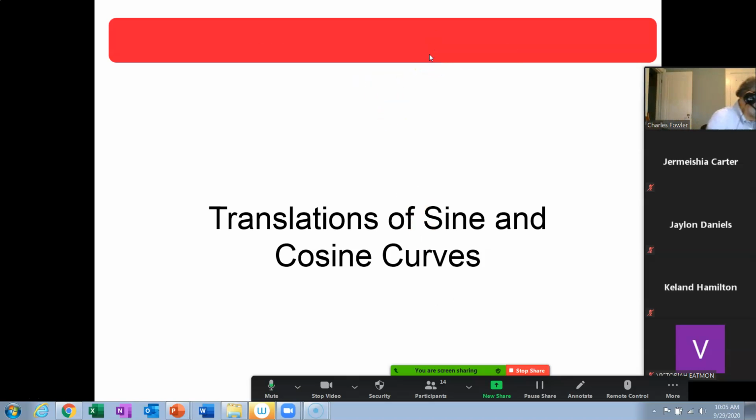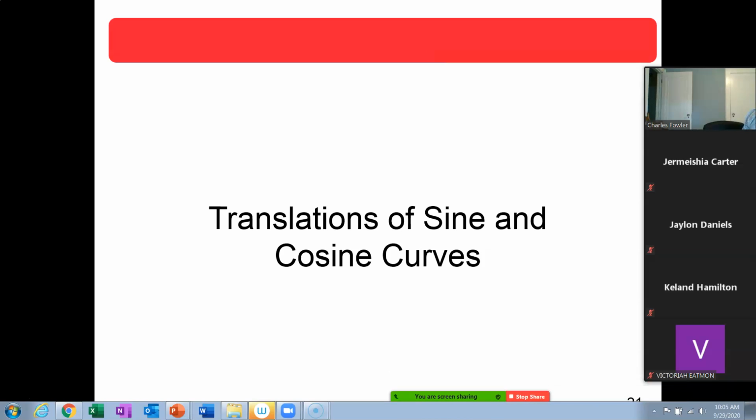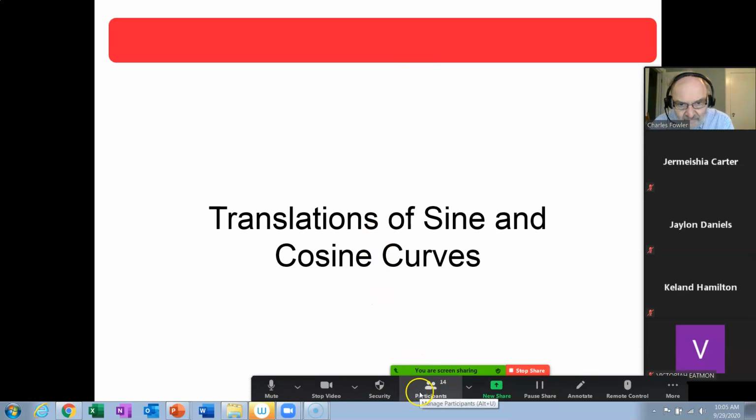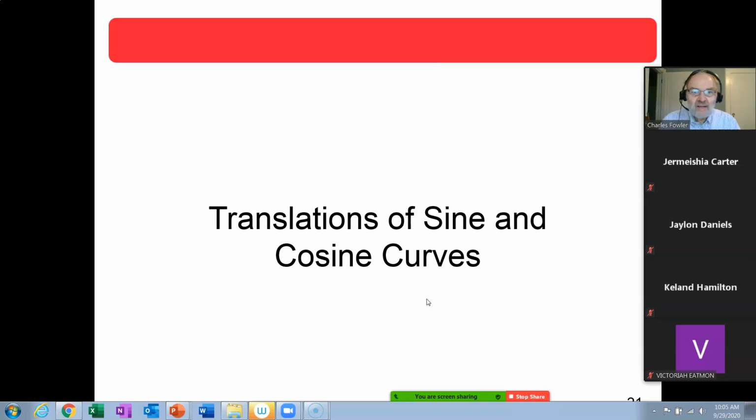So let me get her marked here. Good deal. So now we're up to 13 students, 14 total it should be. Yep, it is. Okay, any questions, issues, concerns, problems?